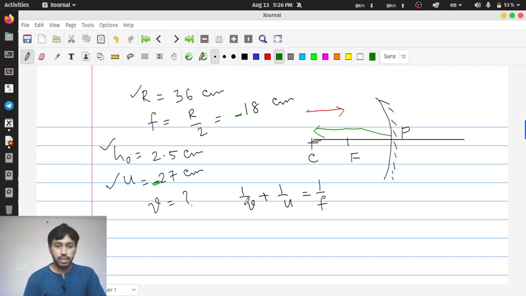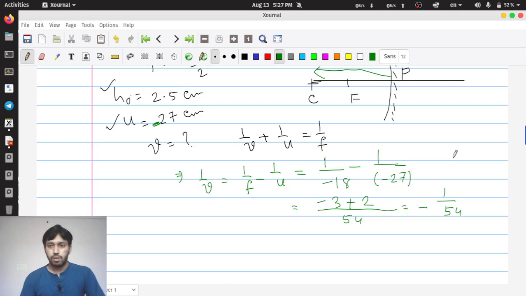Now I am putting these values into this equation. After calculating we get 1 by V equal to minus 1 by 54. So V will be minus 54 centimeter. This is the image distance, minus 54 centimeter.